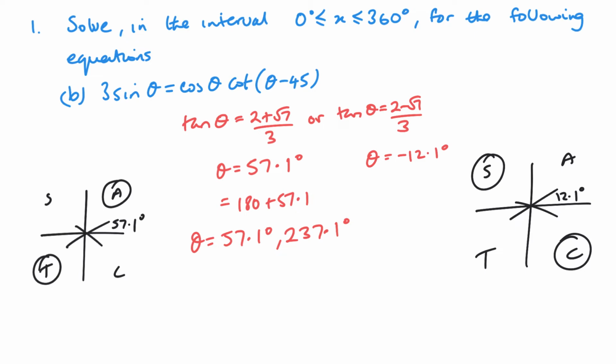So we're looking at when it's 180 minus the 12.1 and 360 minus that 12.1. So this gives me that theta is 167.9, sorry, 167.9 and 347.9.